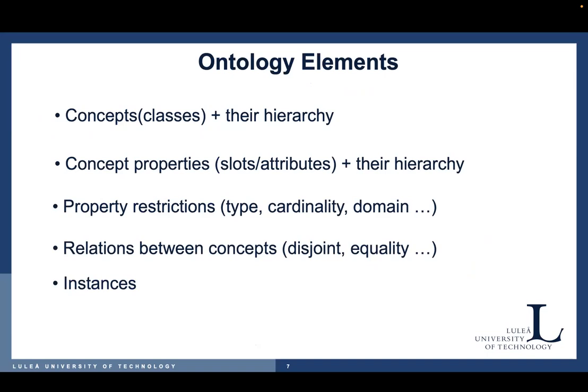Ontology elements: concepts with a hierarchy; properties of concepts, and properties may also have hierarchies, so keep this in mind, properties are a special species; restrictions applied to properties; and different relations between concepts.